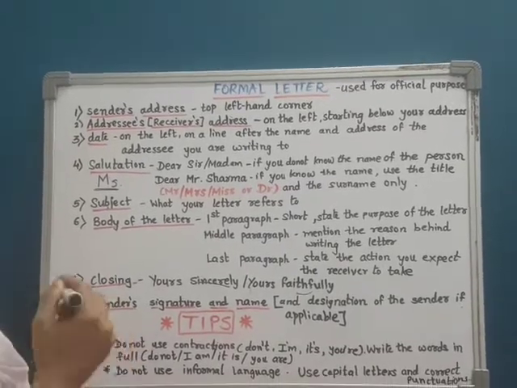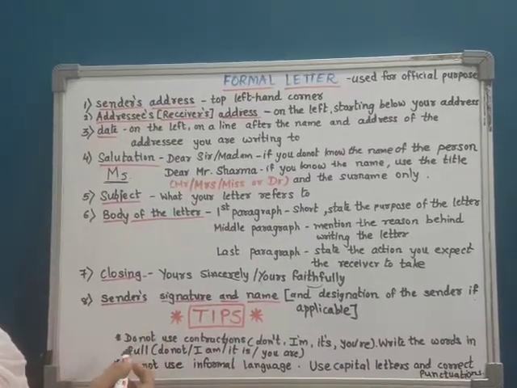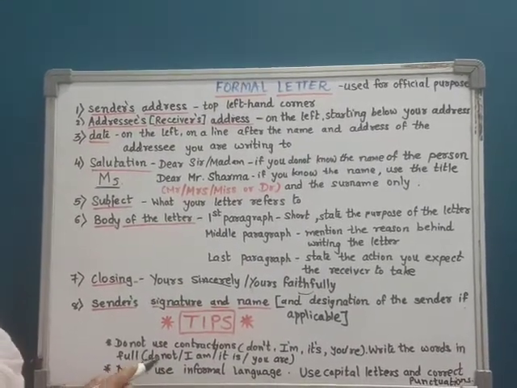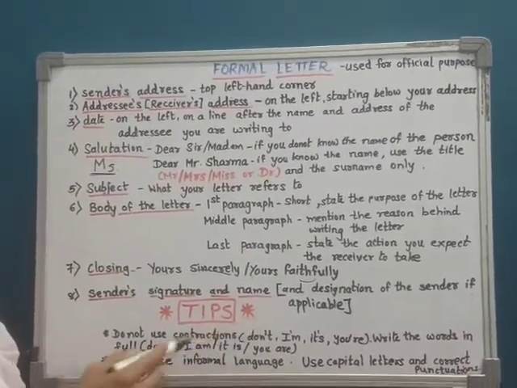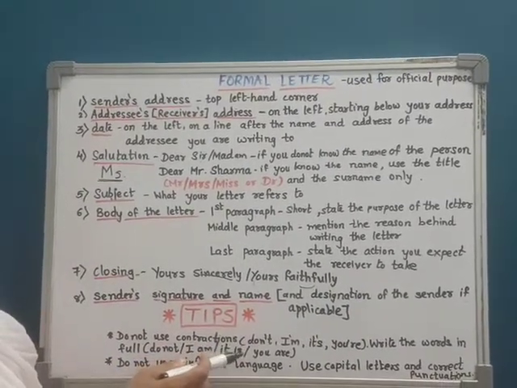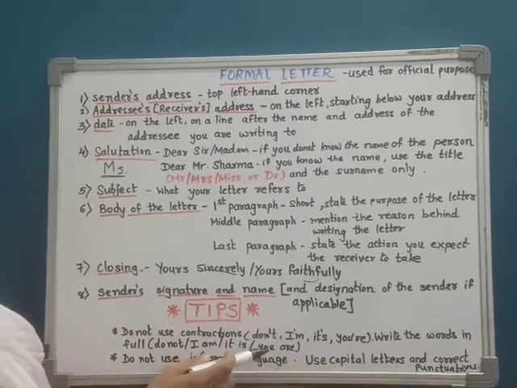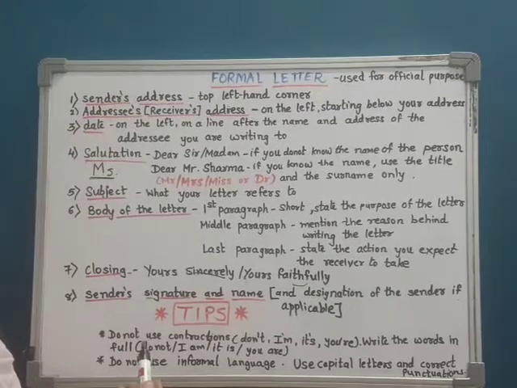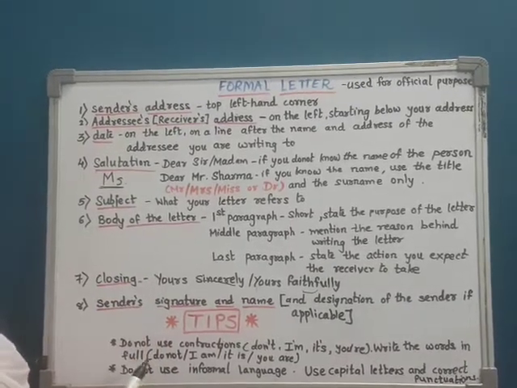In a formal letter, we write the words in full, like do not instead of don't, it is instead of it's, you are instead of you're. So these are the full words that we use in the formal letter.